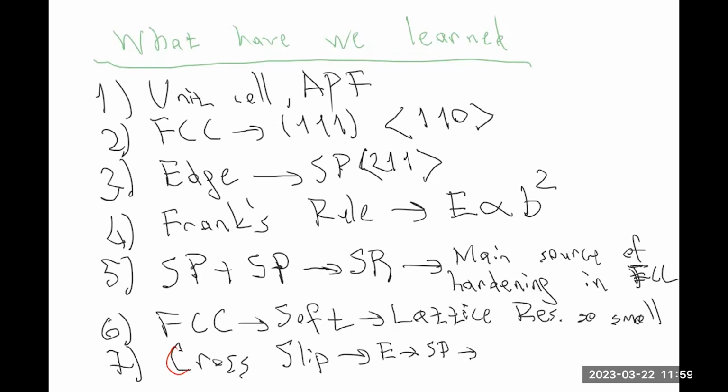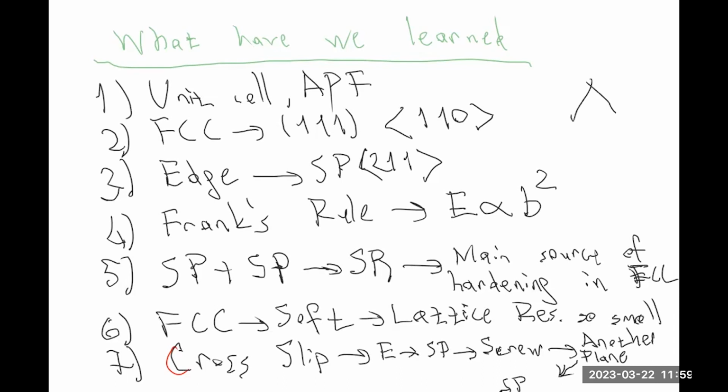Shockley partials come together to form maybe screw parts. The screw parts go to another plane and they dissociate into Shockley partials again. This is called cross slip, another plastic deformation mechanism.